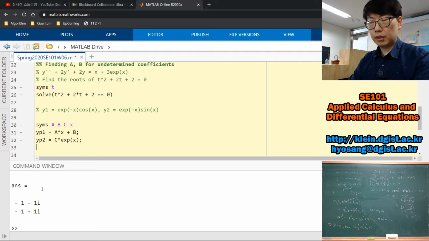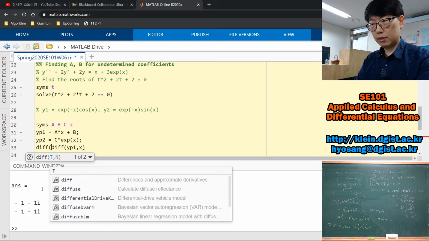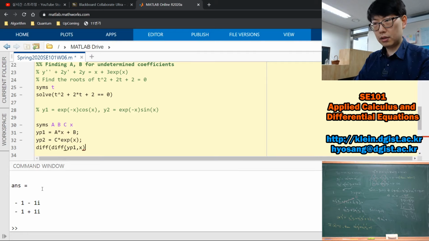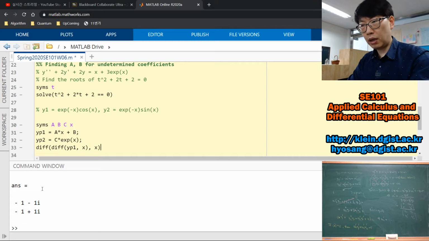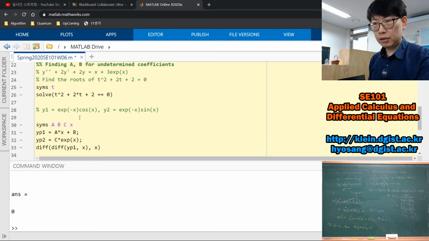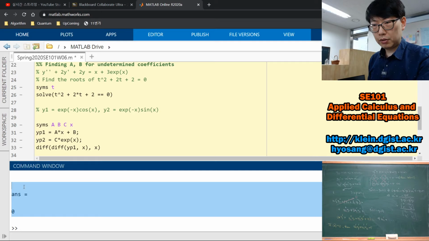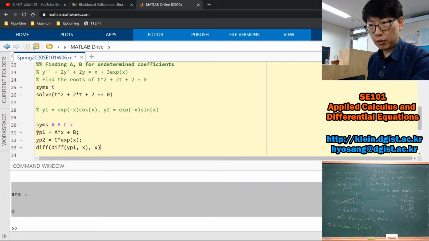So the differential equation says: take the derivative of yp1 in terms of x, and the double derivative is obtained by applying the diff command twice. You get yp double prime. If I execute this line, I get 0, since yp1 is a degree 1 polynomial, and if I take a second derivative, you get 0.